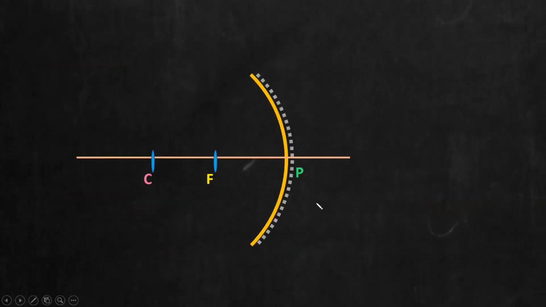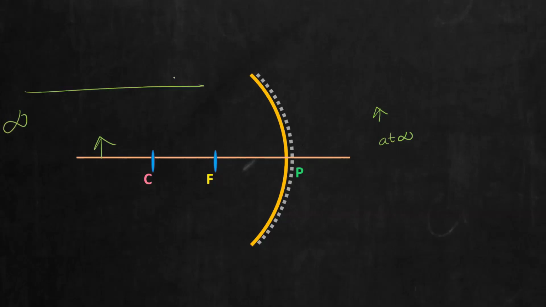So next is our ray diagram. First ray diagram for concave mirror. Now for a ray diagram, we have different positions to study. First one is we have an object and I will place the object at infinity.